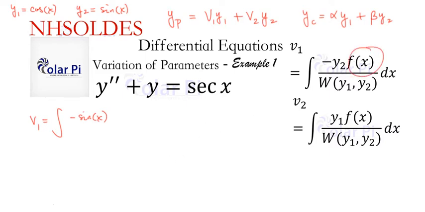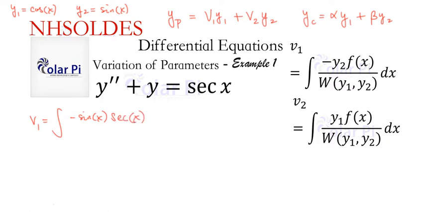And f of x is just the function on the right side of the equal sign whenever the coefficient of y double prime is 1. Clearly here, the coefficient of y double prime is 1, so f of x is just sec x.